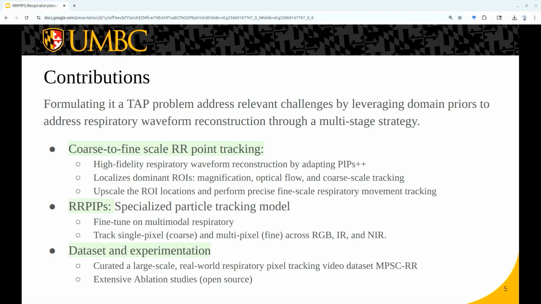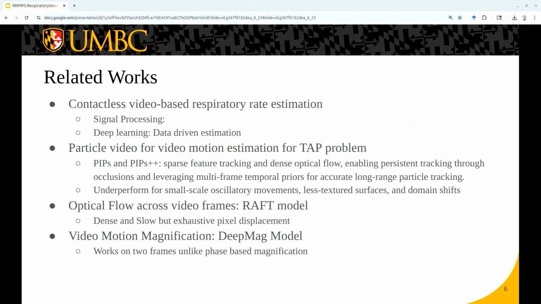Third, we have developed the RR-PIPS model, a modified version of the existing tracking model PIPS, specialized for respiratory tracking in RGB, NIR, and IR settings. Also, we have curated the MPSC RR dataset, a large-scale video dataset for new researchers, and we have open sourced our code and model weights to play around with.